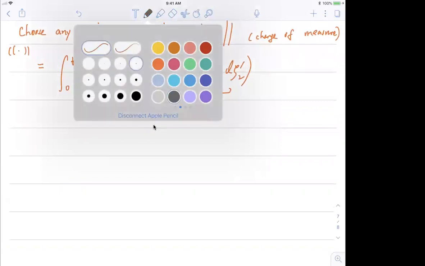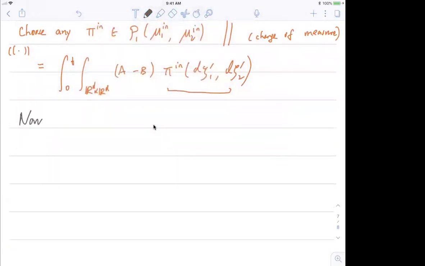So I will write everything we get. Maybe I just put a note here. So we have f cosine 1 d pi 1 prime. They are both used, but let me just use this. So this is R^d cross R^d.